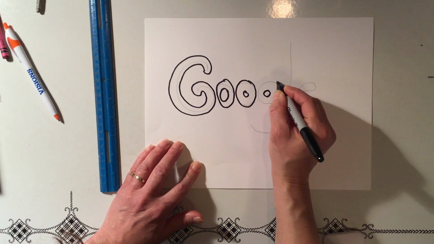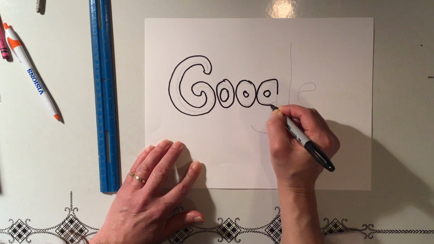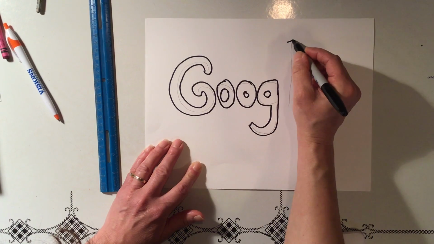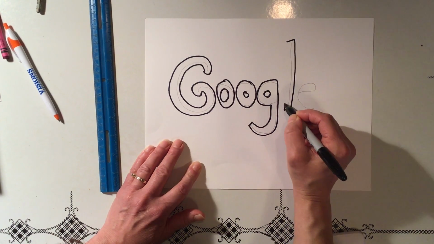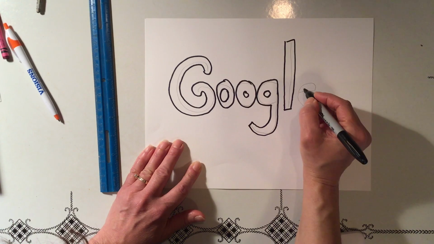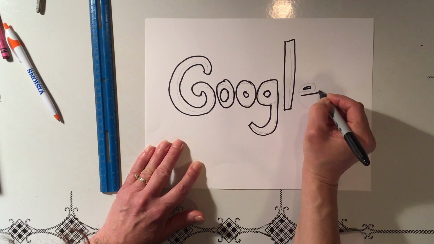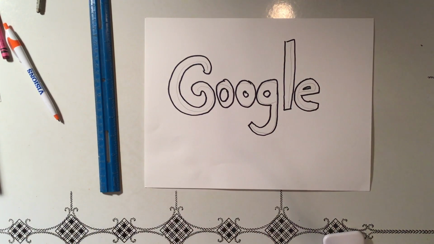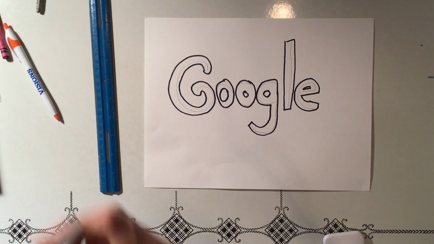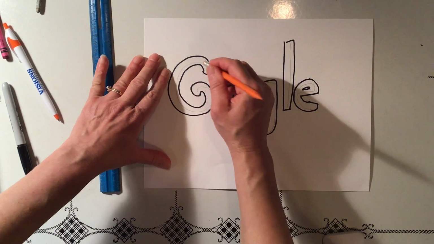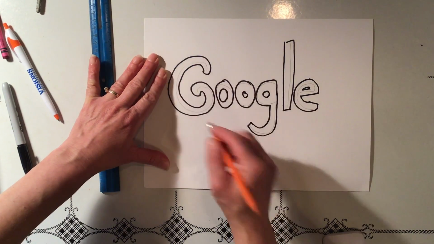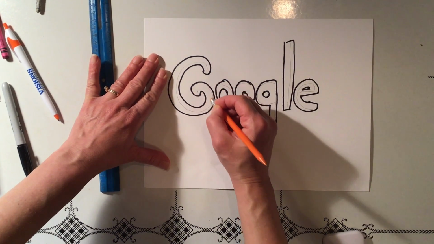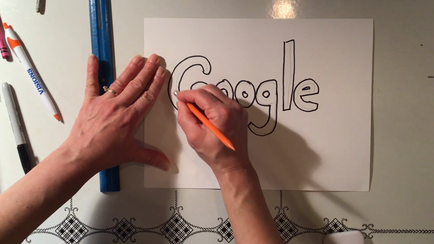So if you go around, you can just make it, and then you can just go back and erase your pencil lines, and you will have a lettering style that is big and bold, one that we can use to work with 3D lettering.